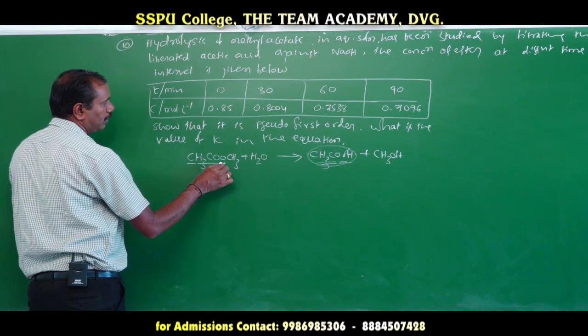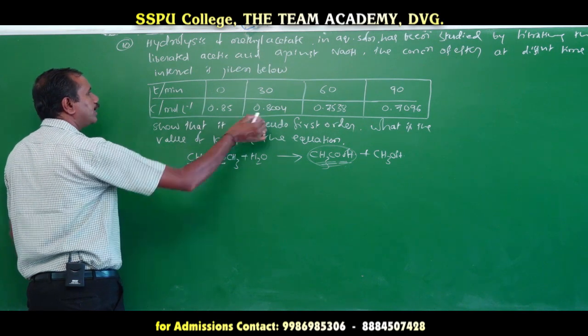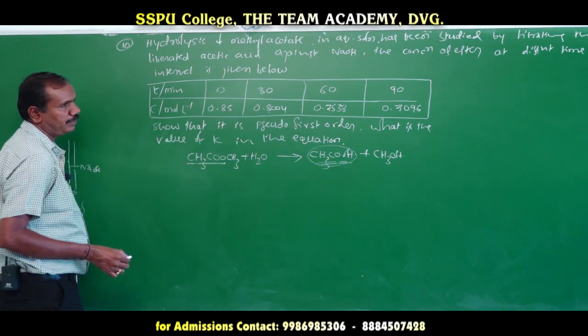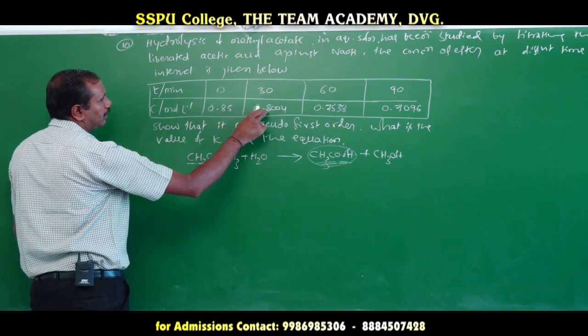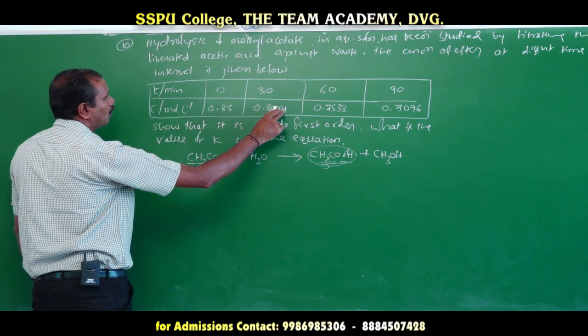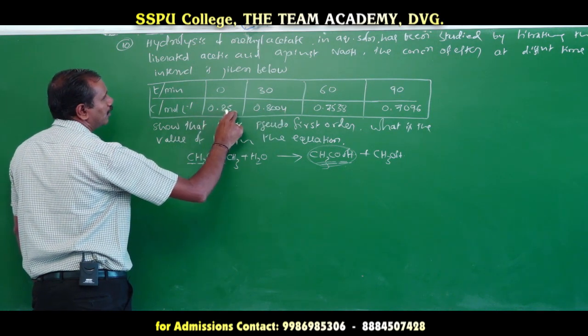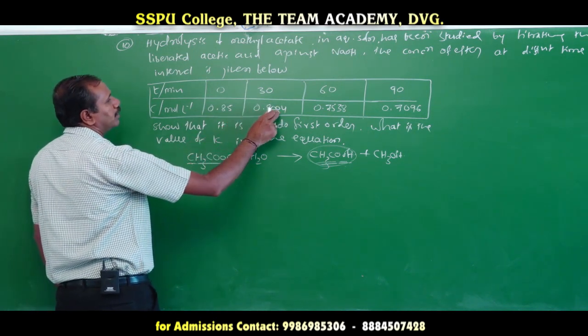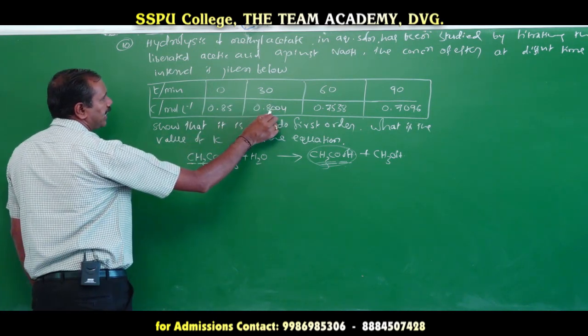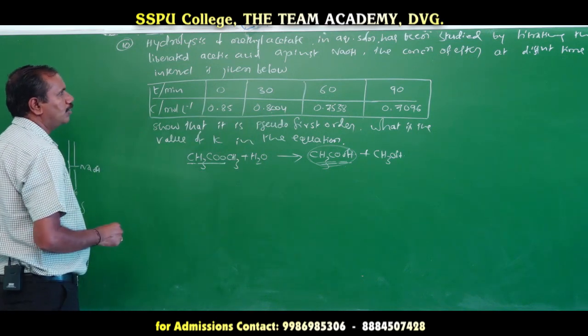If you know the moles of methyl acetate reacted, then we can calculate the quantity of ester left behind. Initially it is 0.85, finally it is 0.8004, meaning nearly 0.05 moles of ester reacted, and the left behind is 0.8004.